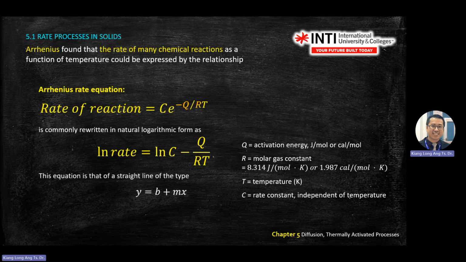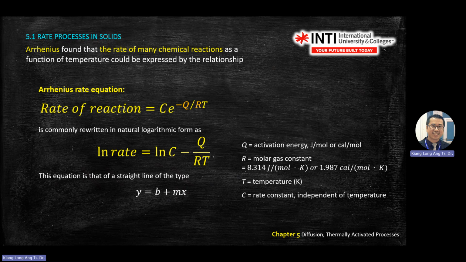So if you plot the graph by using this one, y-axis is ln rate and x-axis is... sorry, you plot y equal mx plus c. In this case, ln C is your intercept.